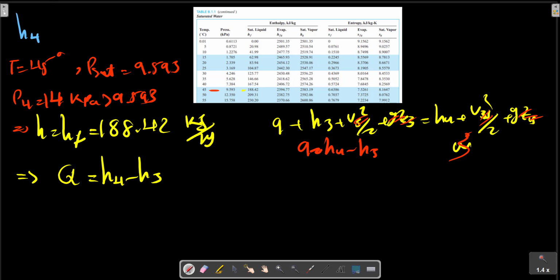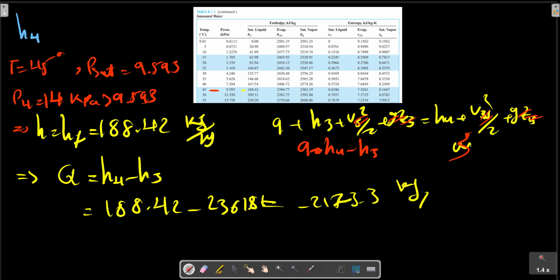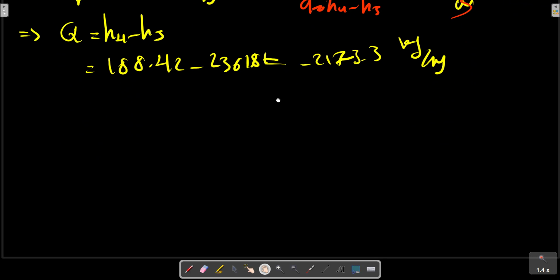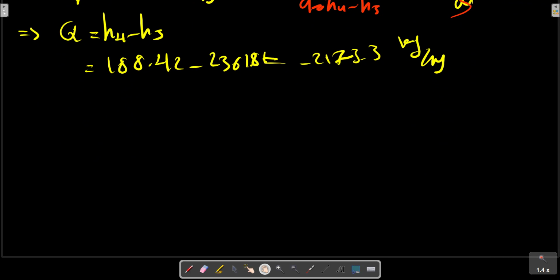For the unit mass we have this relation: Q equals H4 minus H3, for the control volume.